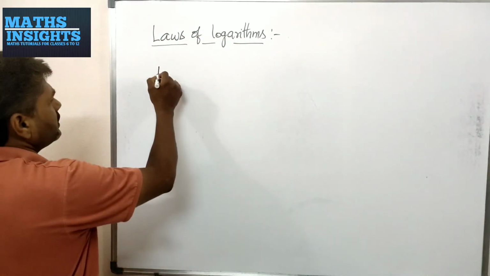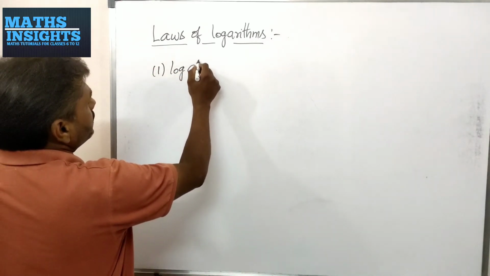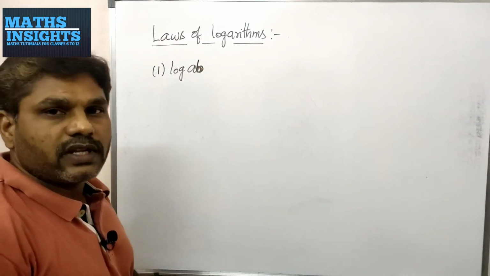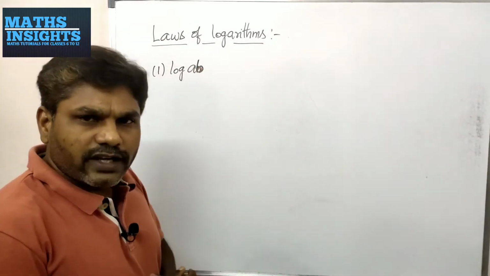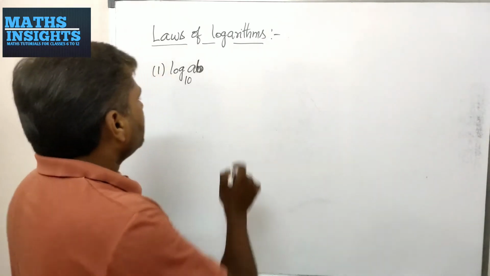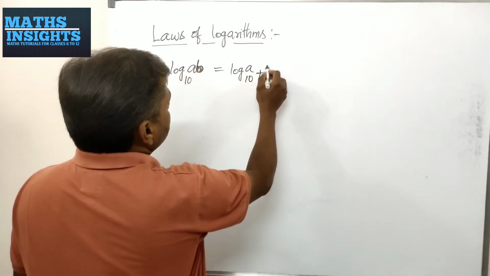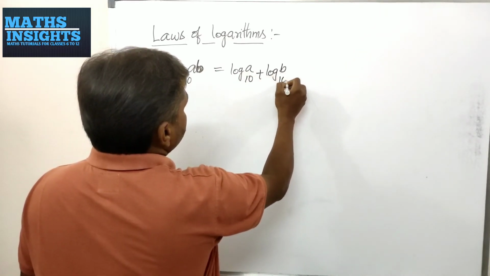First one is log ab, log a into b, base 10 or any base. That can be written as log a base 10 plus log b base 10.